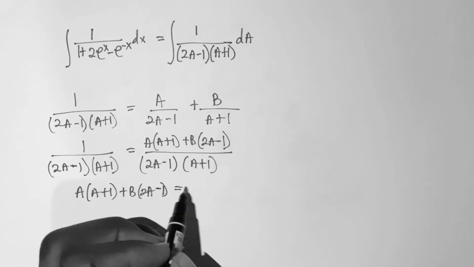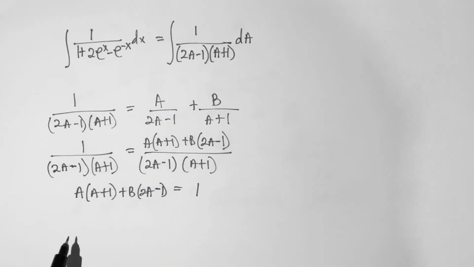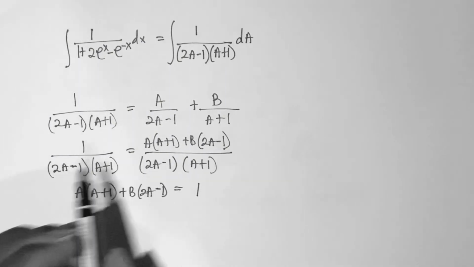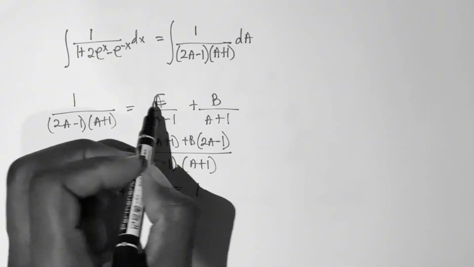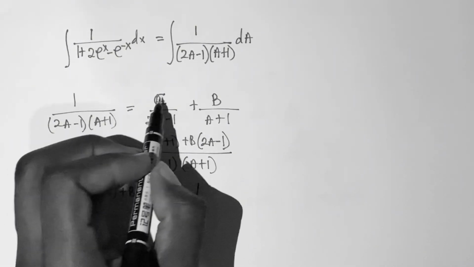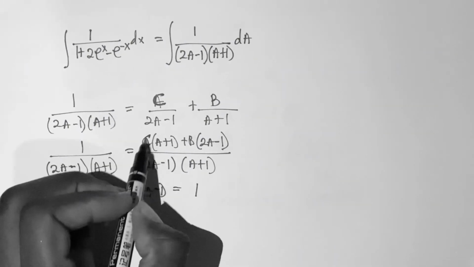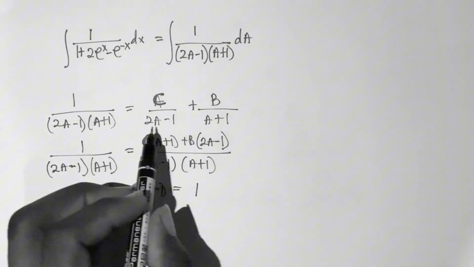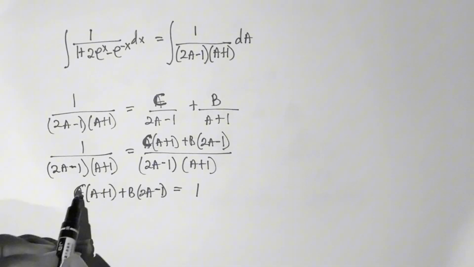Then this is equal to 1. So now, just for clarity's sake, let me change this numerator, which is A, to a letter that is not known, like C, so that we can differentiate this from the original A. So this is C.